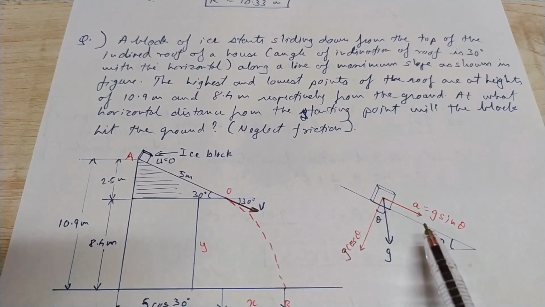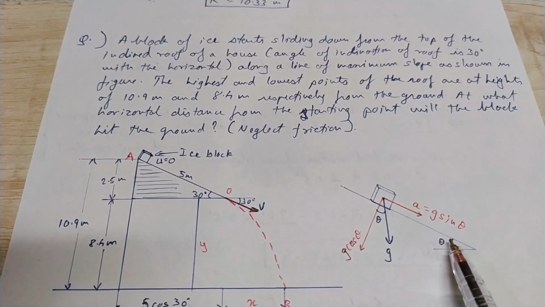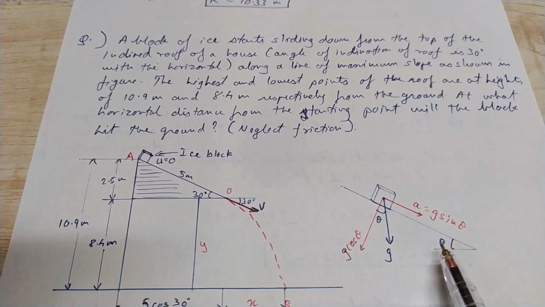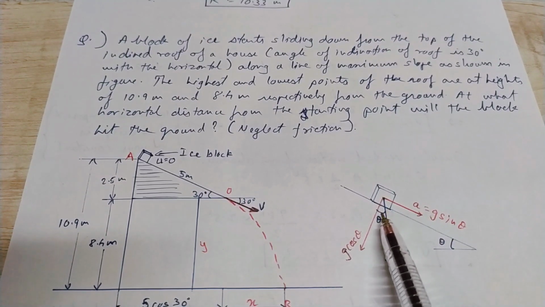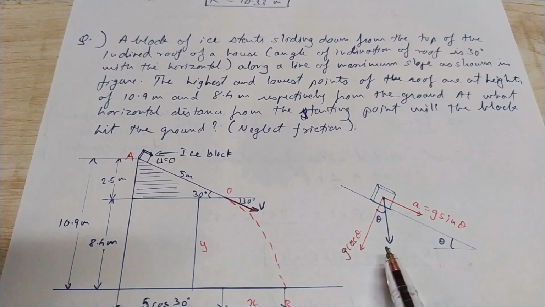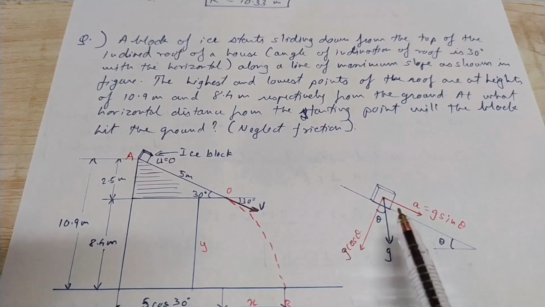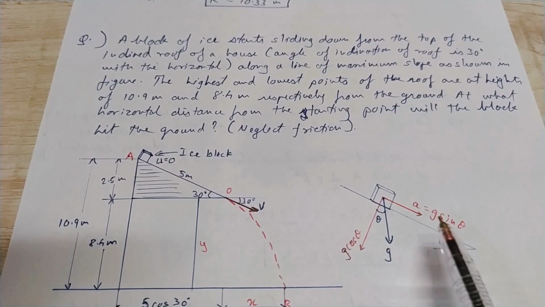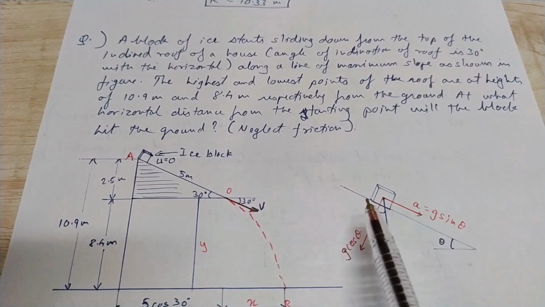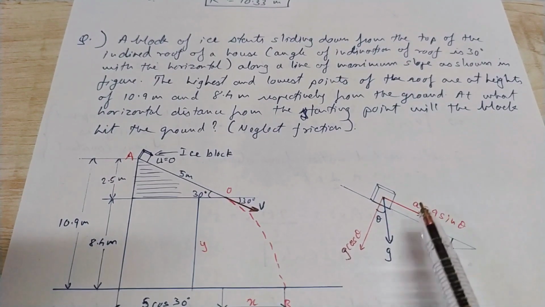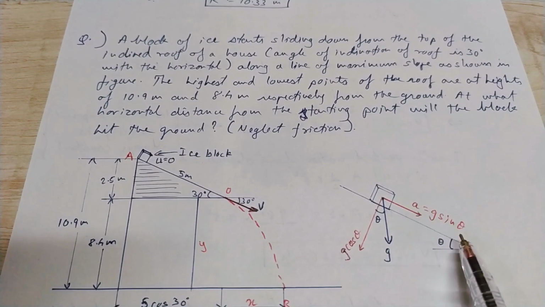Even this line is perpendicular to this line. So if theta is between these two lines, the angle between these two lines will also be theta. So this is theta and this is g. This becomes g cos theta and this becomes g sin theta. That means the block will be acted upon by an acceleration of this value. So the magnitude of the acceleration along this line will be g sin theta.